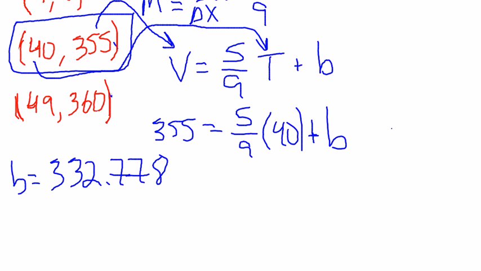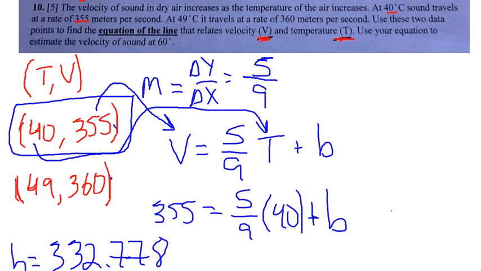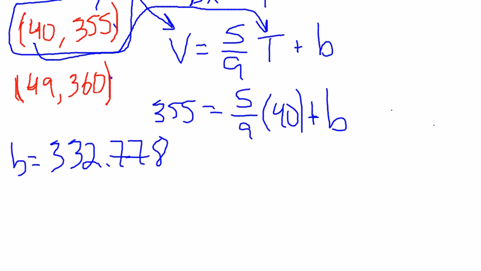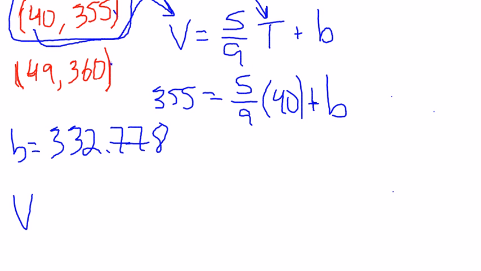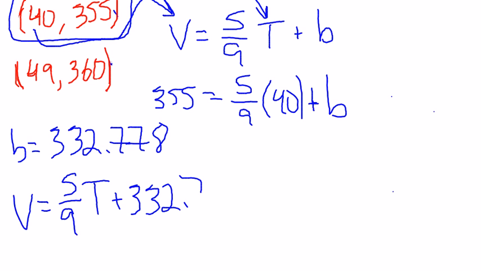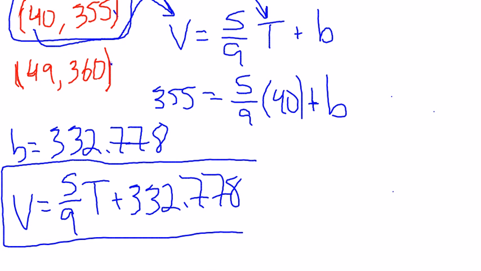So the question was to find the equation of the line that relates v and t. So my equation is v equals 5 over 9 times t plus 332.778. That's the first question.